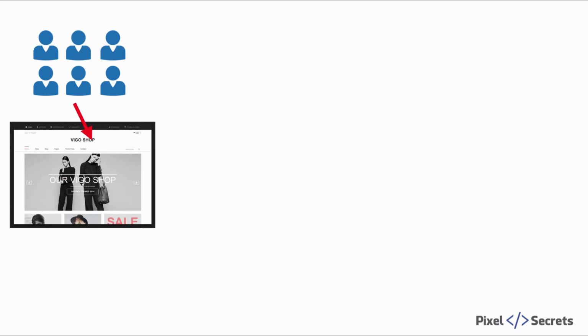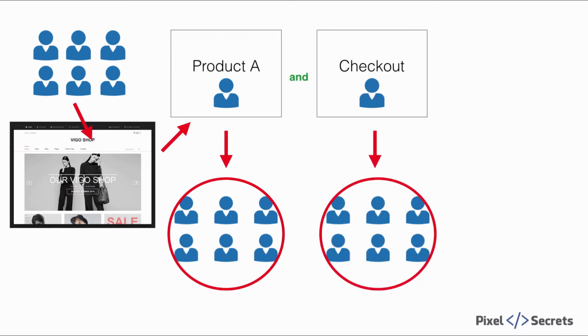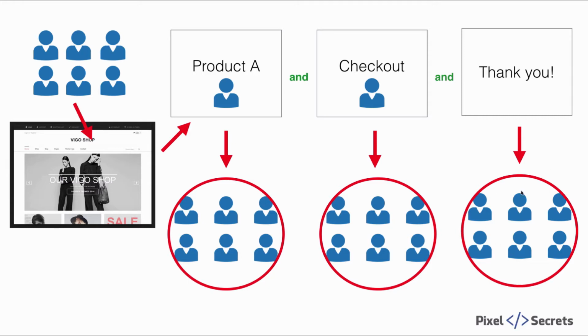Another scenario is, let's say people come to your website, then they go to product A, and you can tell Facebook, hey, I want you to collect the data of everyone who has visited product A. I also want you to collect the data of everyone who has checked out. And then, by the way, I want you to create an audience of everyone who has become a customer.